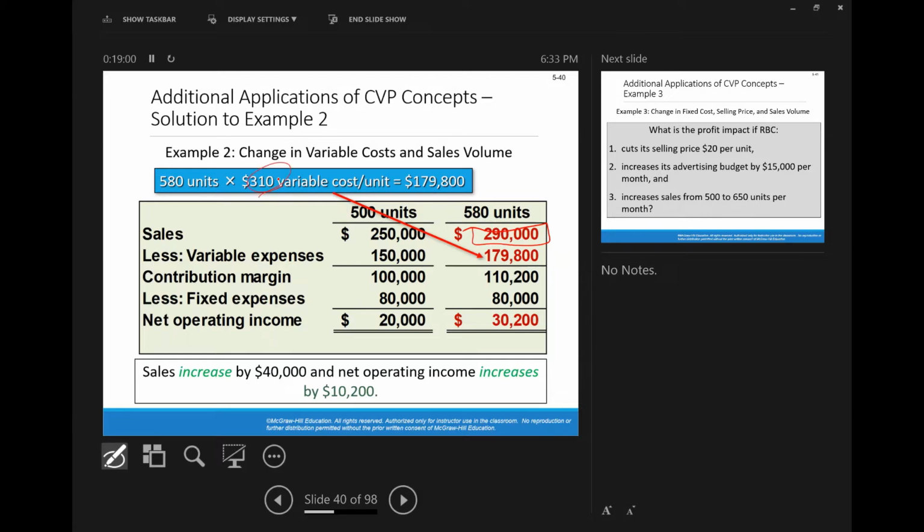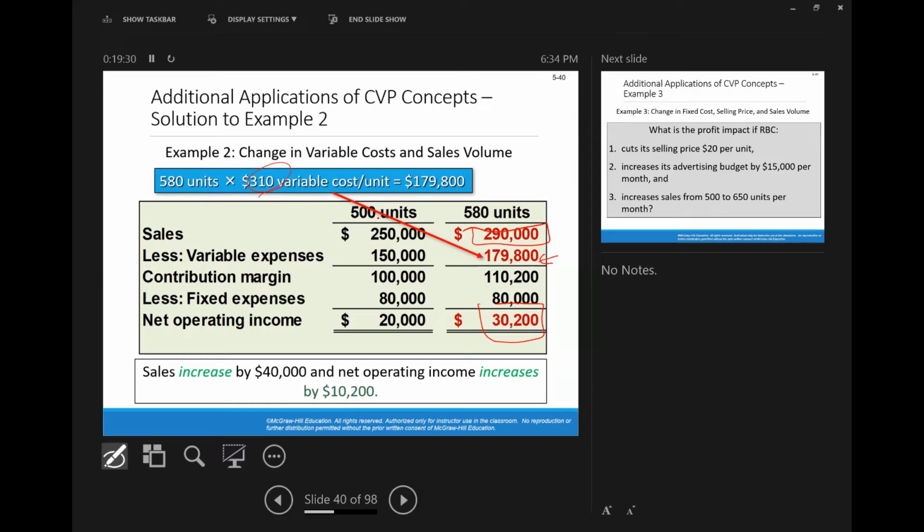So we're taking 580 times the 310 to get the 179.80. So this changed because not only just quantity, but also because the cost changed. All right, so now our contribution margin is 110, 200. Fixed expenses, 80,000. And now we have a net operating income of 30,200.